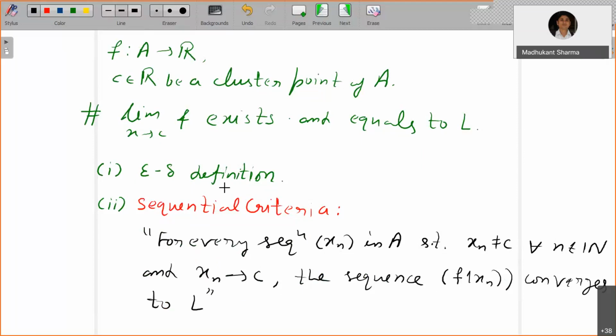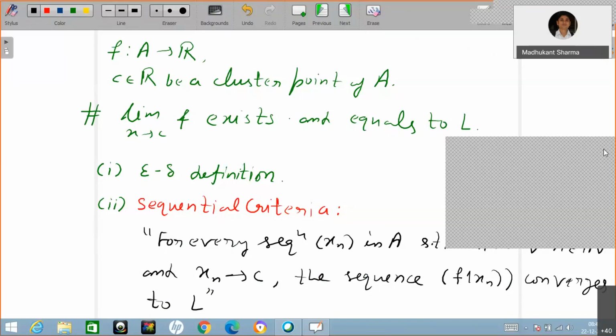If it diverges, the limit does not exist. If it does not converge to L, the limit may or may not exist, but if it exists, it is not equal to L. We have seen examples like the limit as x tends to 0 of 1 by x, and the limit as x tends to 0 of sine of 1 by x.